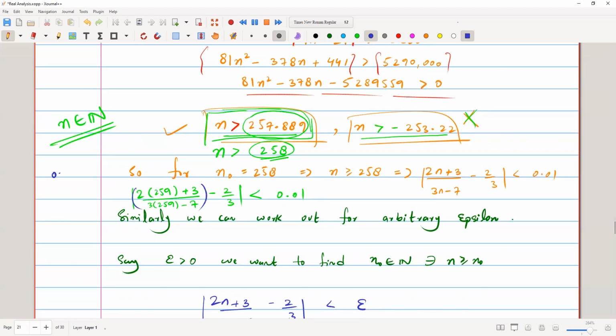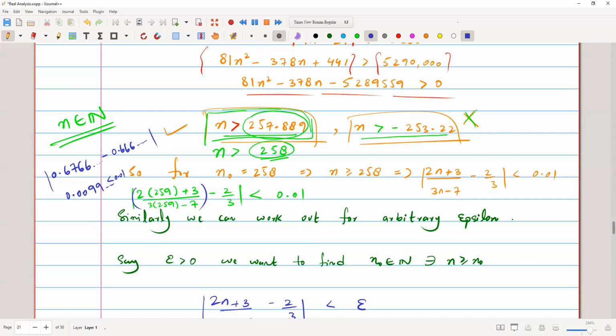So I can write 0.6766 and so on, minus 2/3. We all know 2/3 is 0.666 and so on, and it's in the mod. If I subtract 0.666 from 0.6766, I get 0.0099 something, and this is surely less than 0.01.